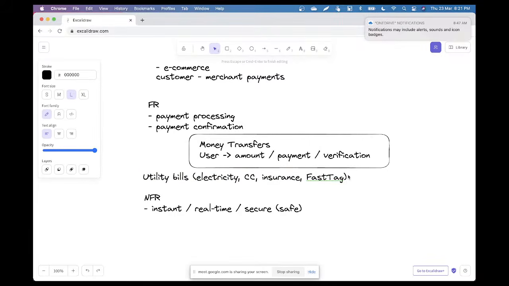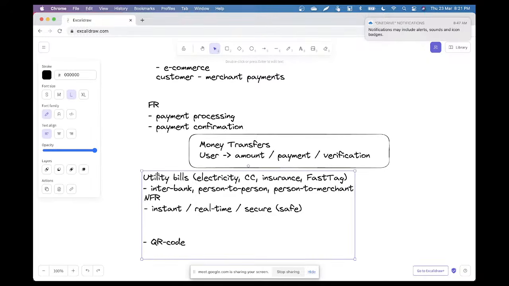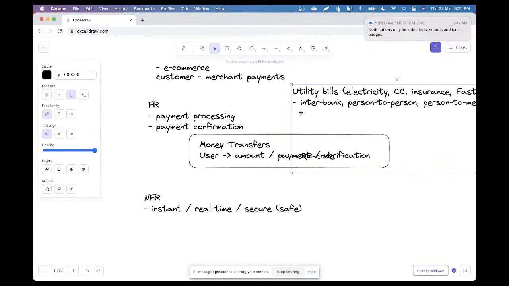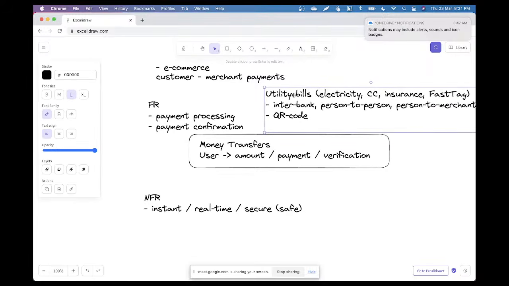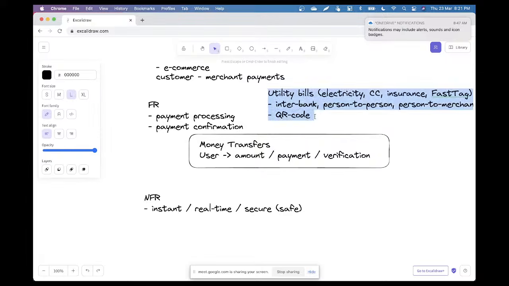We are still discussing some of the functional requirements: QR code, and then we will also have some features like reporting, which would be needed by the merchant to see the sales report.